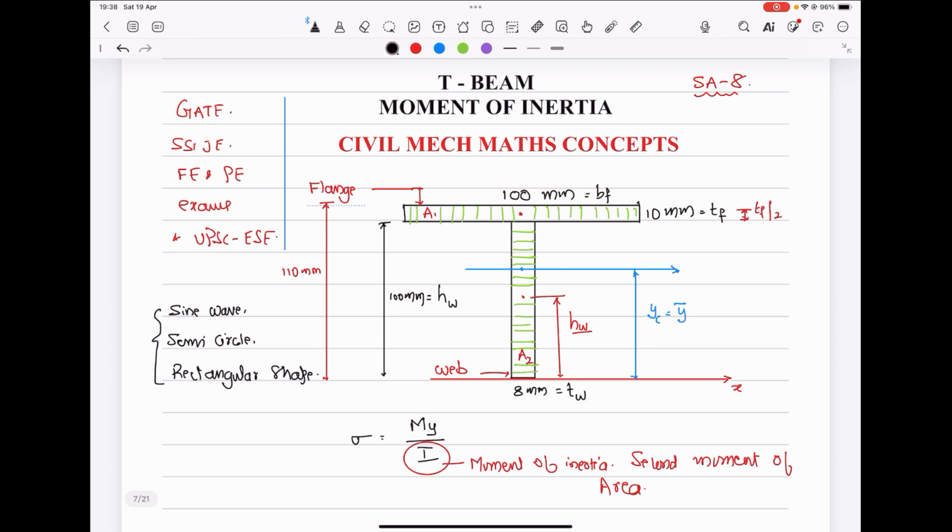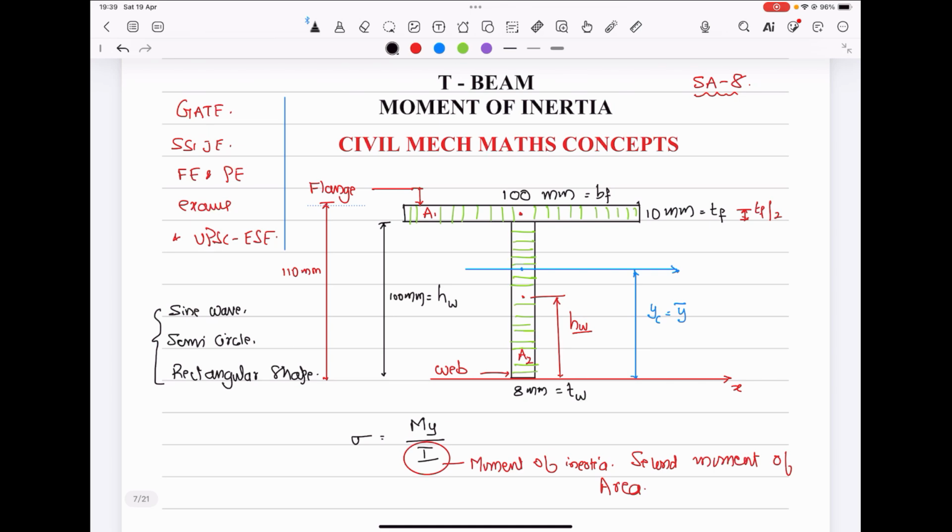Then we found the second moment of area with respect to x-axis and then with respect to center of gravity. These are the 5 calculations we have done for a rectangular beam, a semicircular beam and a sine wave beam of one cycle.